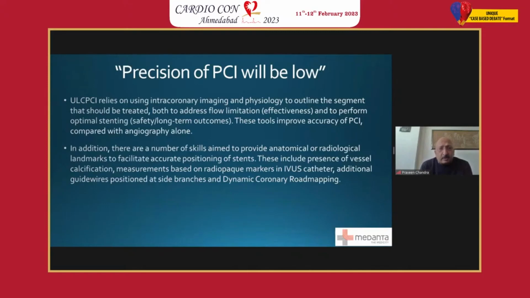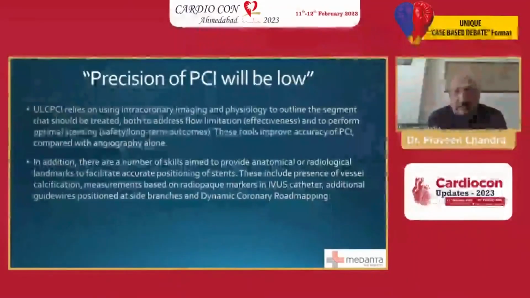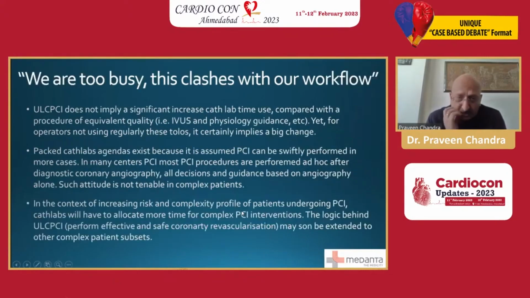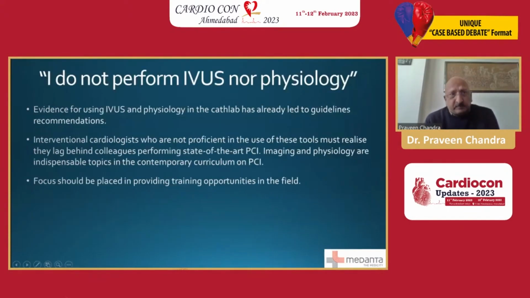This is also known as ULC PCI, and certainly people may think that the precision of PCI will be low, but in this the precision is complete, and we are able to see complications. We are able to see the outcomes once we have done the imaging through the IVUS catheter and additional guide wires, using the radiopaque markers of these equipments at every stage.